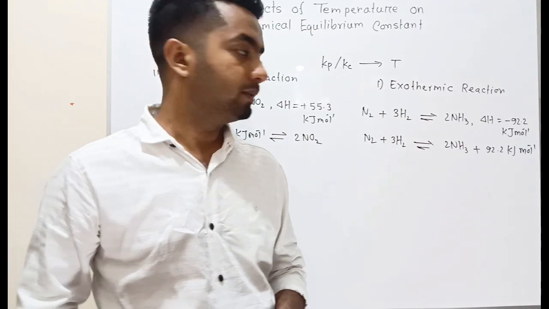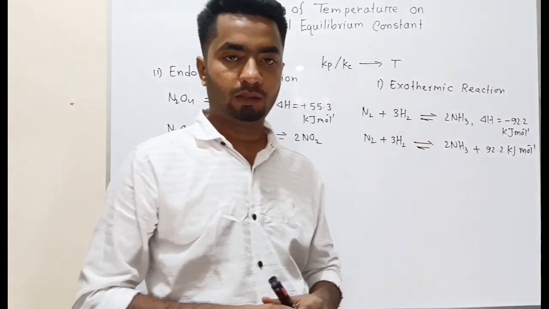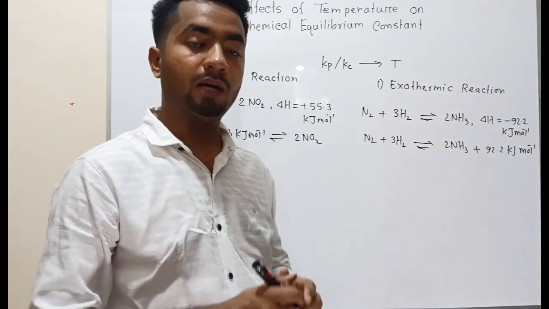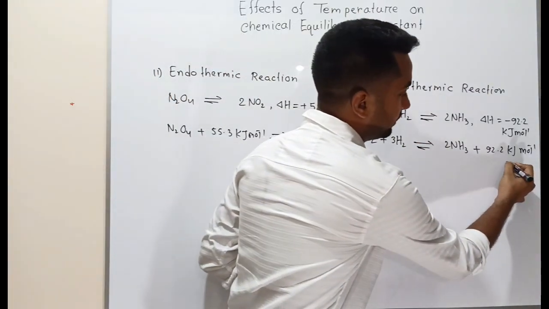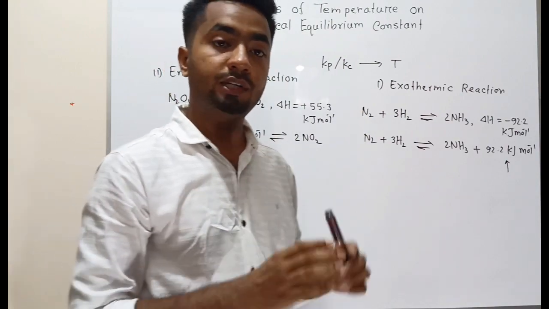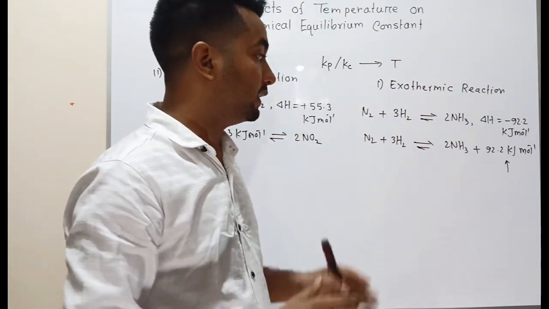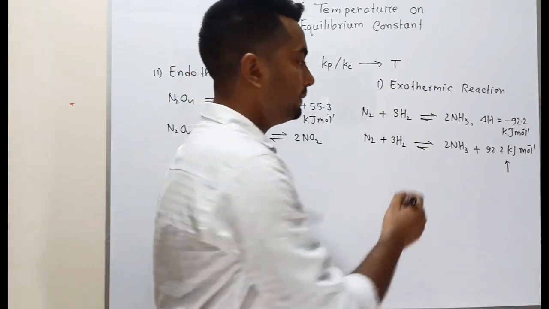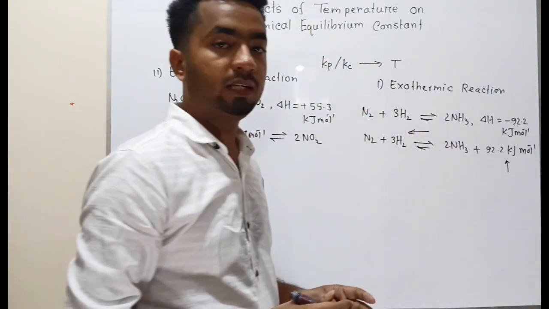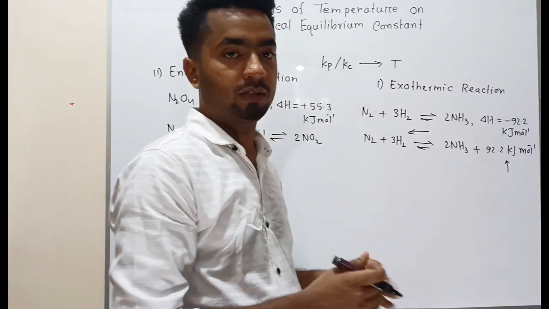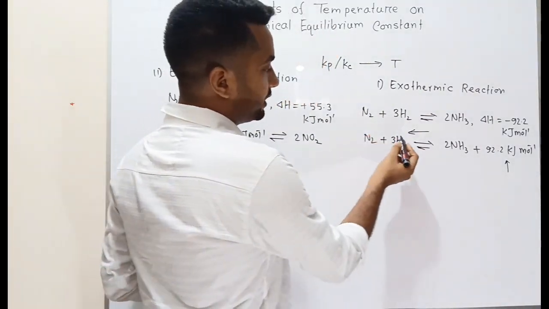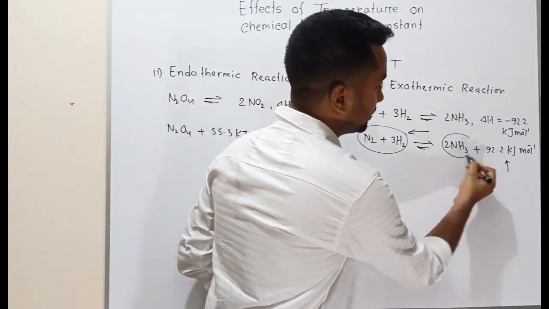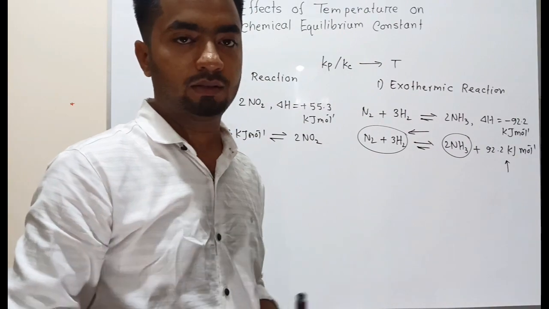Now come to the point. If we increase temperature or provide heat energy for an exothermic reaction, that means we have increased the right side of the reaction. According to Le Chatelier's principle, the chemical equilibrium position is bound to move to the left side of the reaction, causing the concentration of the reactants to increase and the concentration of the products to decrease.